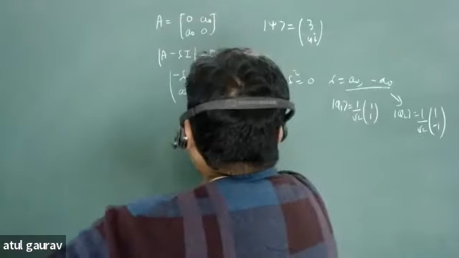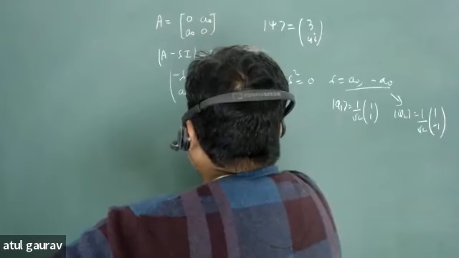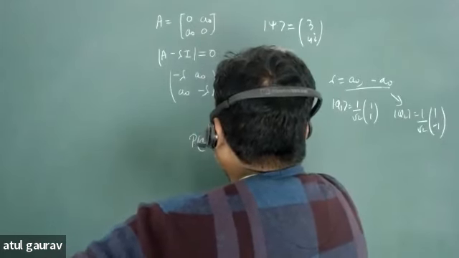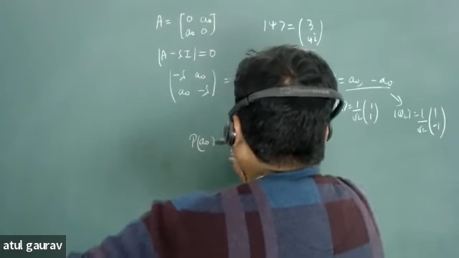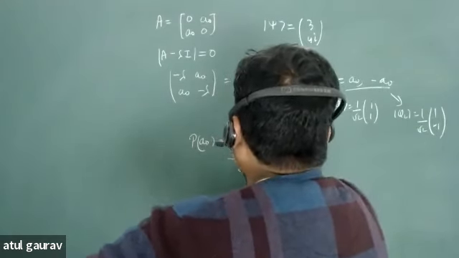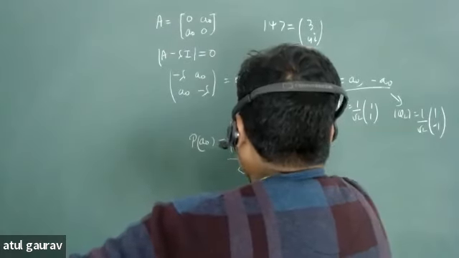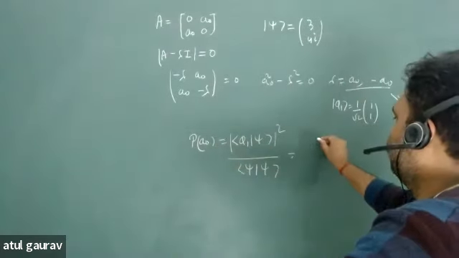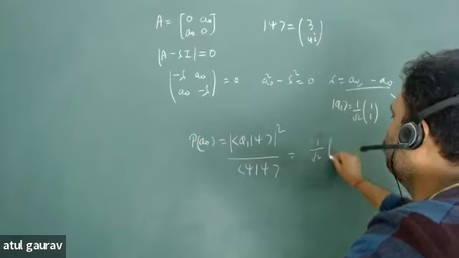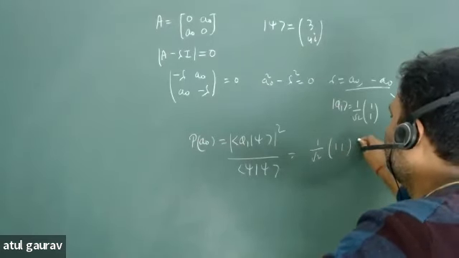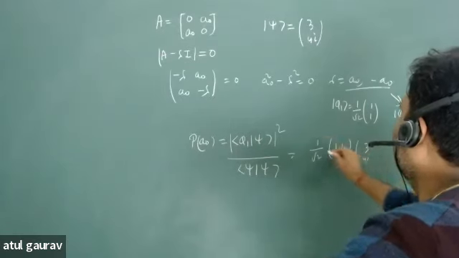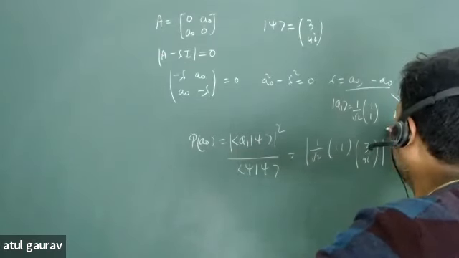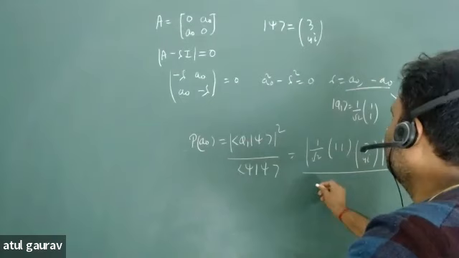So probability of A0, you can write as mod of phi 1 psi, whole square. So what is this phi 1? This phi 1 is 1 by root 2, 1 and 1. And what is this psi? 3, 4i. और इसका आपको क्या लेना है? मॉड स्क्वायर. और नीचे क्या हो जाएगा?